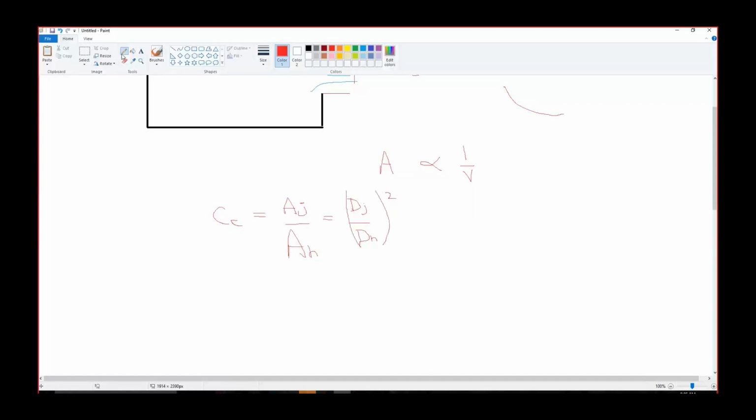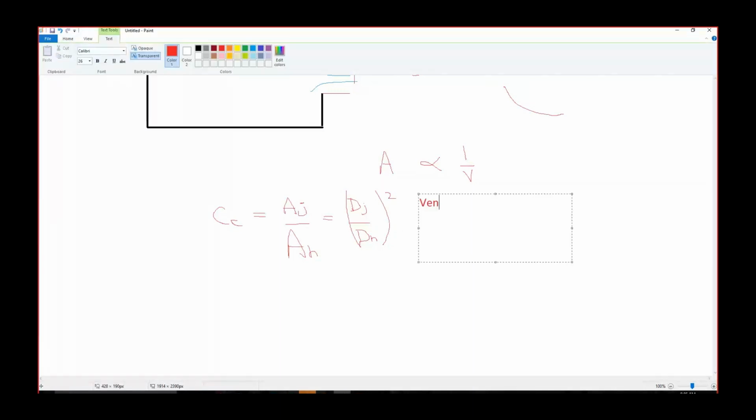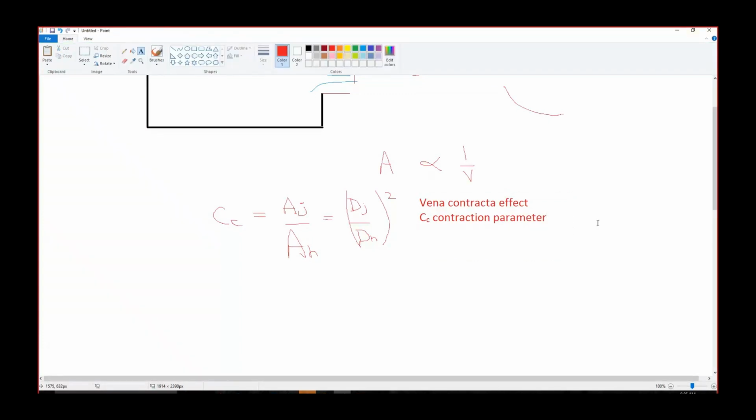This effect is called the vena contracta effect, and this CC is called the contraction parameter. So we divide the resulting velocity by the contraction parameter. Clear?